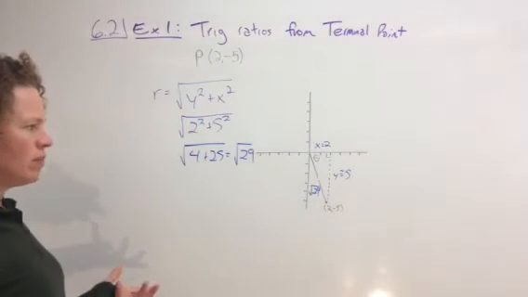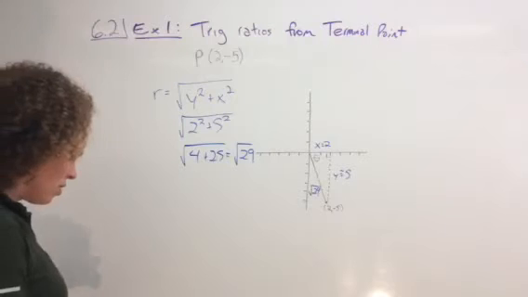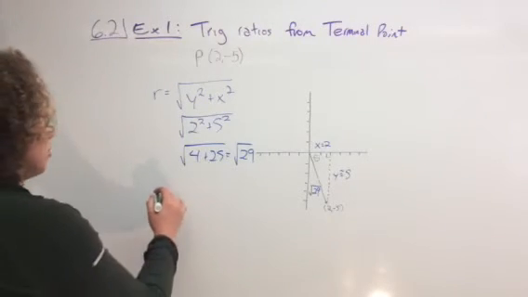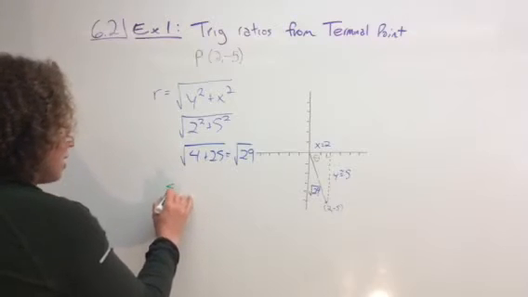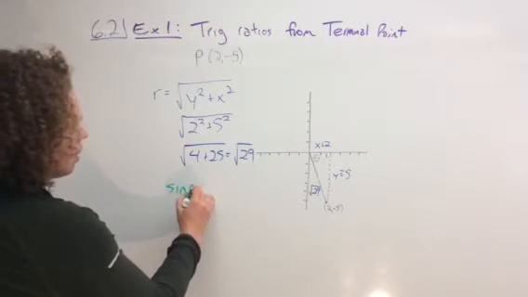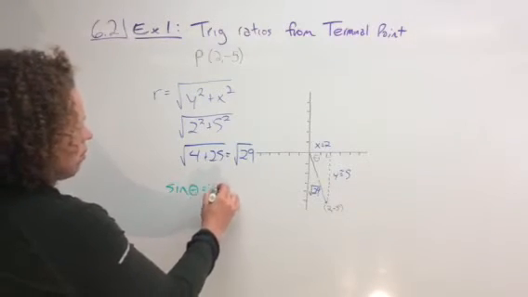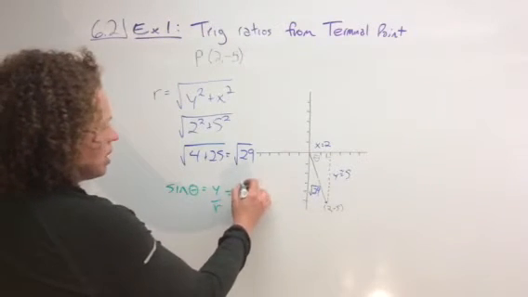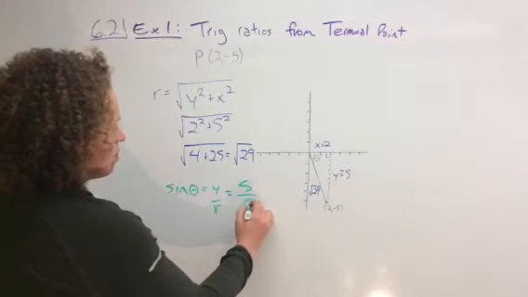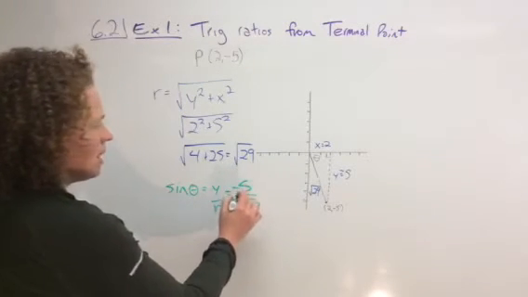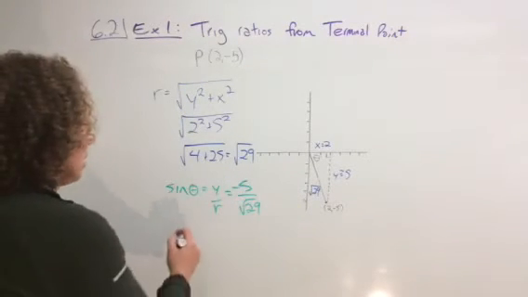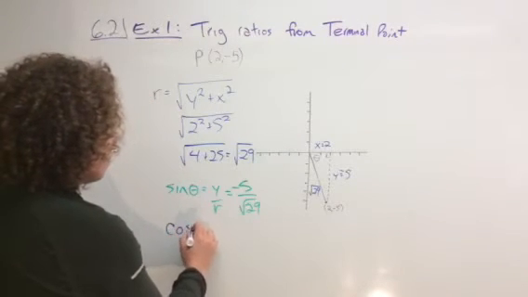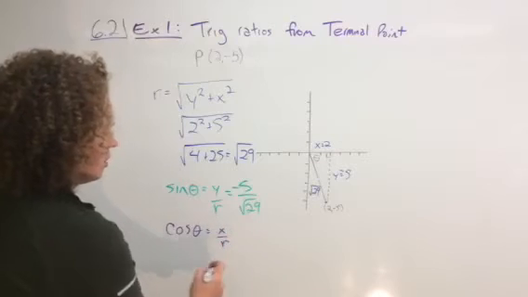So, trigonometric ratios, pretty easy stuff from here on out. I just have to remember that sine is y over r. And for this, it's -5 over root 29. Now, cos is x over r.